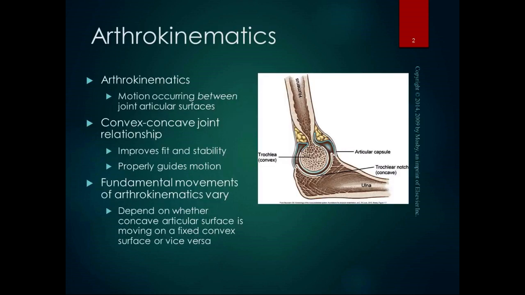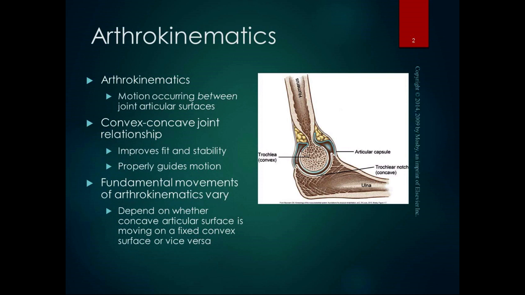So arthrokinematics, by definition, is the motion occurring between joint articular surfaces. Most joints in the body have a convex-concave joint relationship, meaning one bone surface is convex, and the other side that it articulates with is concave.